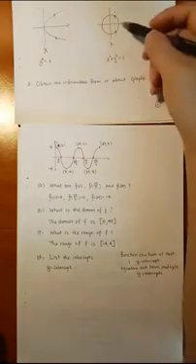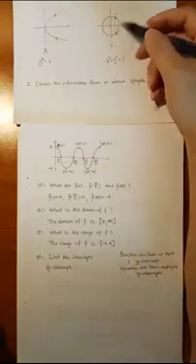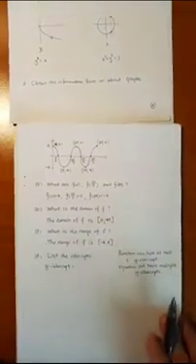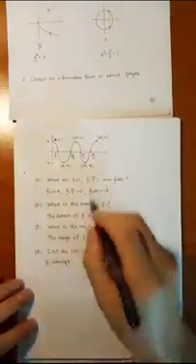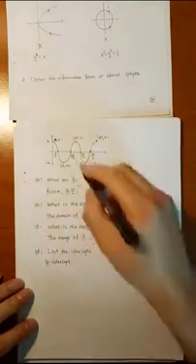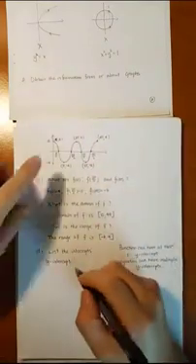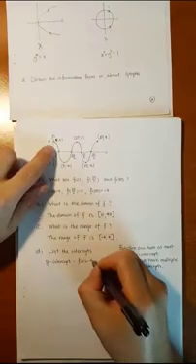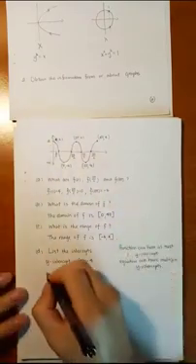For example, the circle has two y-intercepts. Okay, so here we have a function, so there's only one y-intercept, f(0). f(0) is 4. This is the y-intercept.